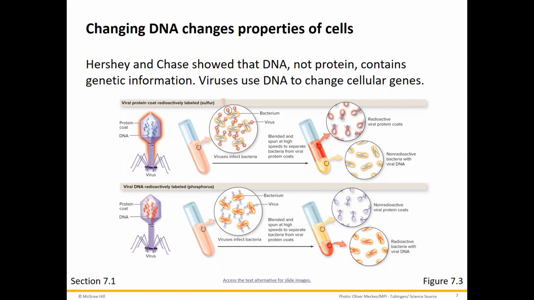So Hershey and Chase is the next group that came in the 1950s that showed DNA was indeed the genetic information and not protein. They used viruses, bacteriophages specifically, which are structures that only attack bacteria, and they work just like a virus.